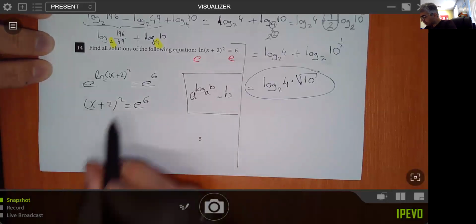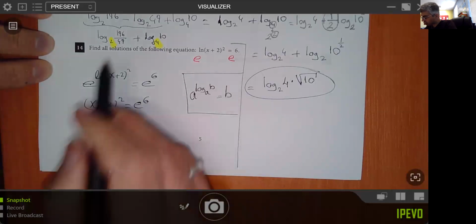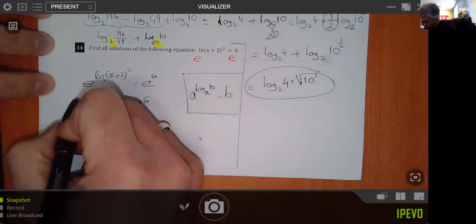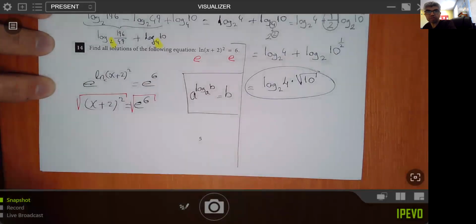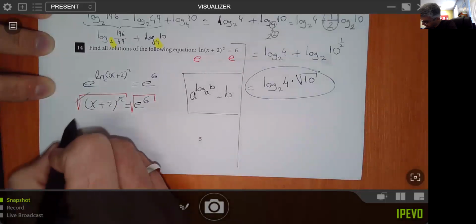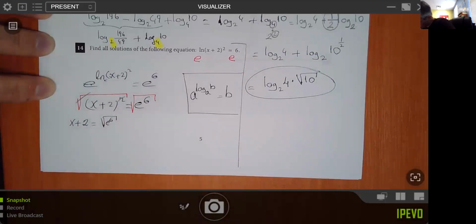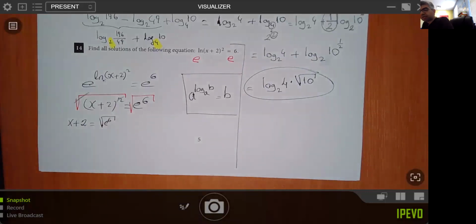Now we have to find x. Find all solutions, it means we have to find x. What to do? Take square root of both sides. These two cancel out each other. I have x plus 2 equals square root of e to the power of 6.